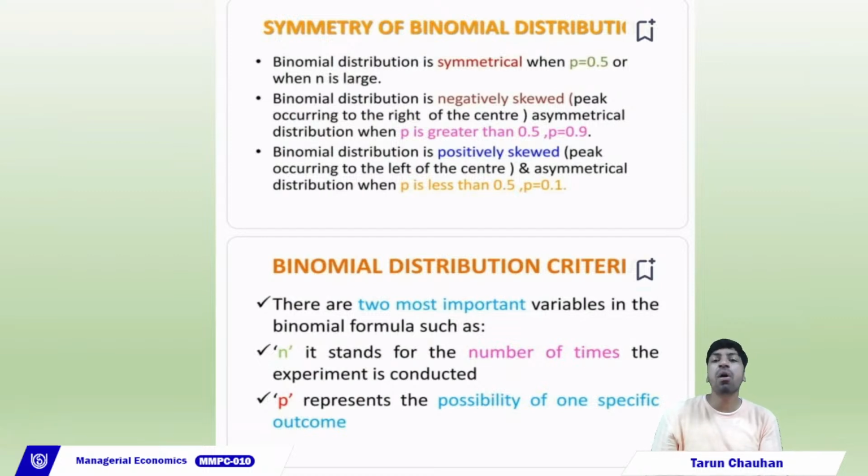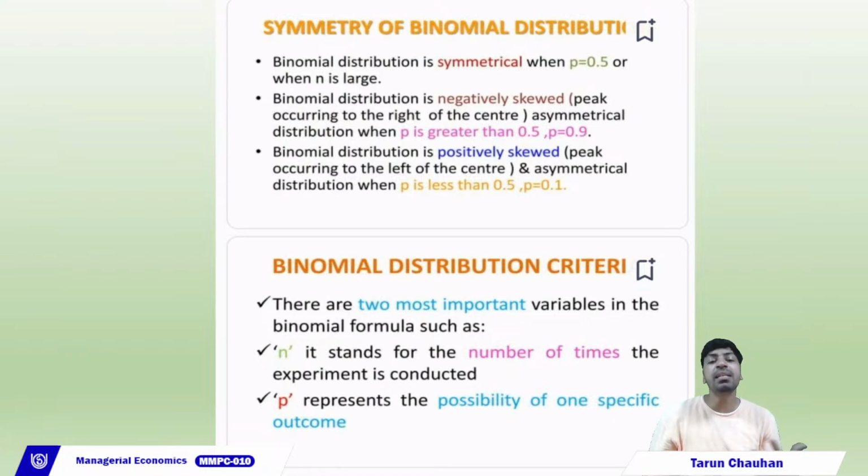Next one is the binomial distribution criteria. There are two most important variables, n and p. n is the number of times the experiment has been conducted. P represents the probability of one specific outcome. The number of trials is also called n.